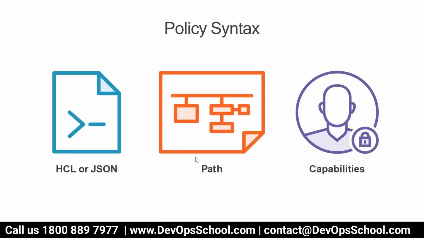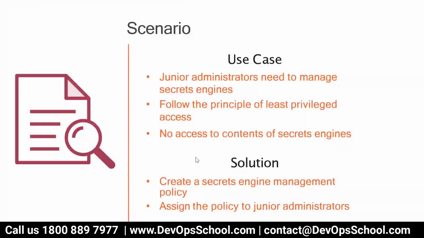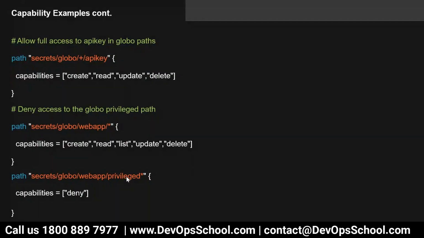In this case, for secret global web app you are giving all access, but for secret global web app privileged you are giving deny access. That means this will have no access. Though you have assigned access here, you will not have access to these privileged locations. Are you understanding, all of you?